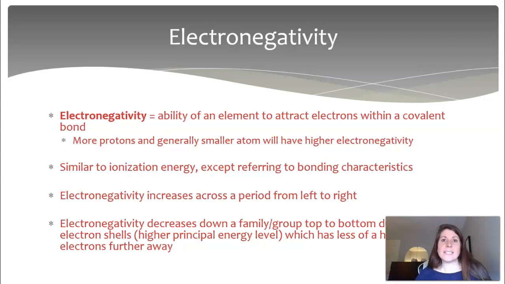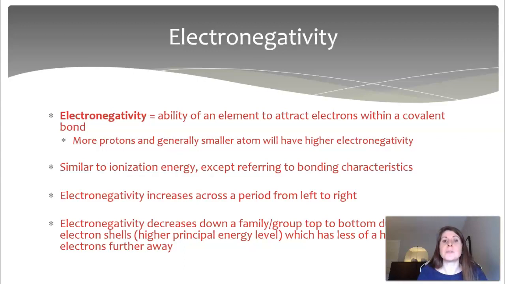Okay, so electronegativity is very similar to electron affinity. This, however, refers to how elements act whenever they are sharing electrons in a covalent bond. Electronegativity is the ability of an element to attract electrons within a covalent bond. Generally, the more protons that an element has and the smaller it is, the higher its electronegativity.